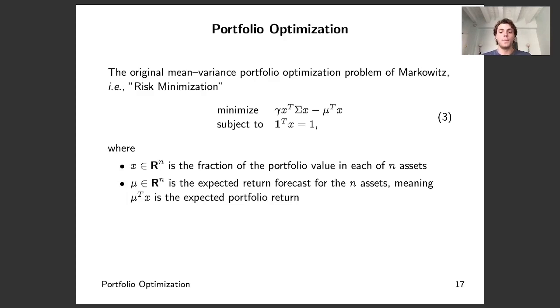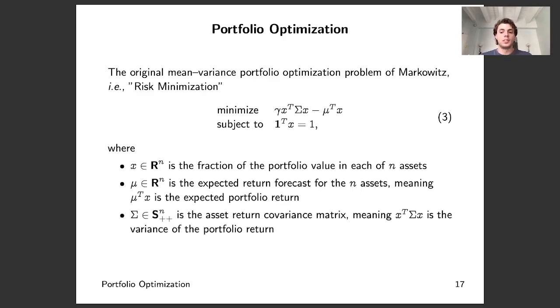The vector mu represents the expected return for each of our n assets. Now this makes the term on the right-hand side of our objective the expected portfolio return, or the mean return. Sigma is the covariance matrix of our asset returns.